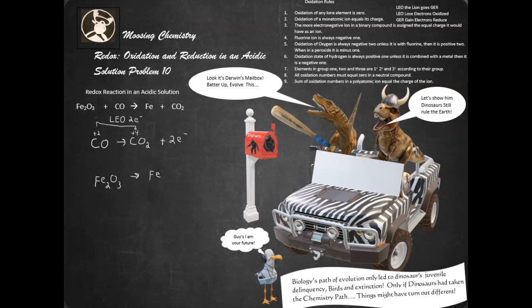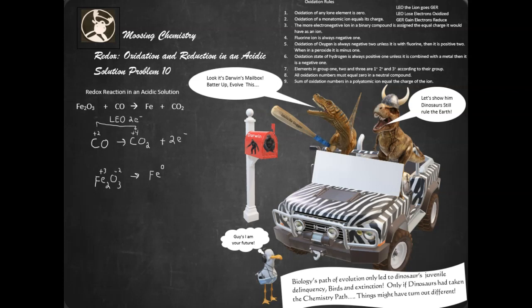Now, notice we have a 2 right here. That's going to be really important in just a minute. So we have 2 of those, and we've got -2 for oxygen and a +3 for iron. So that's going to balance that out nice and evenly. When iron's by itself, it's going to be a 0 charge, right?